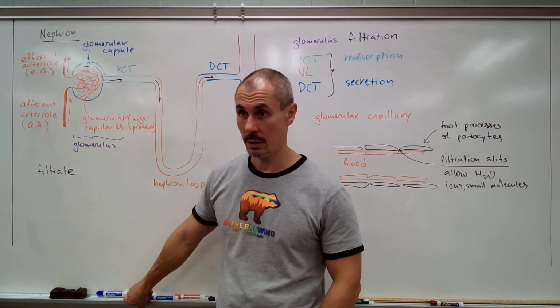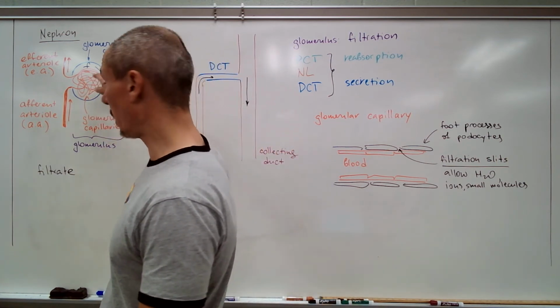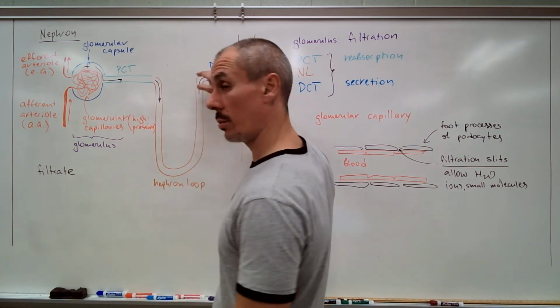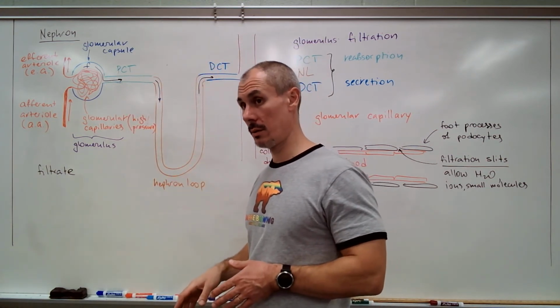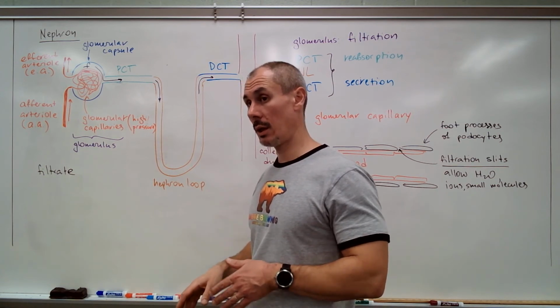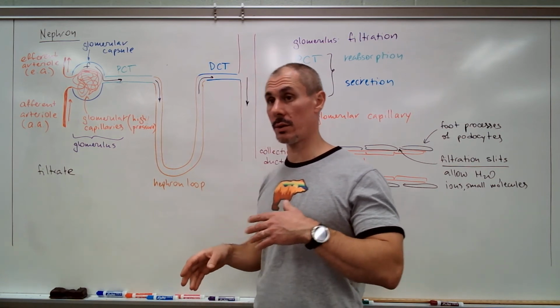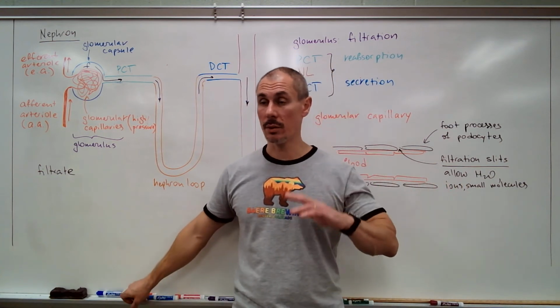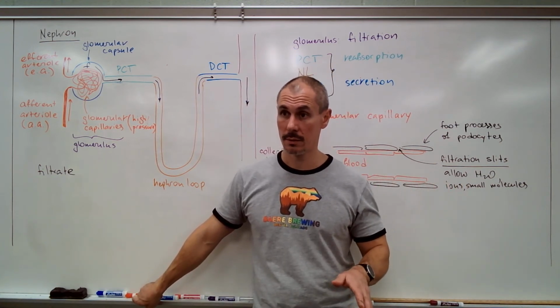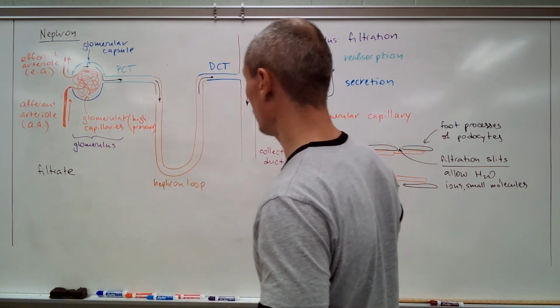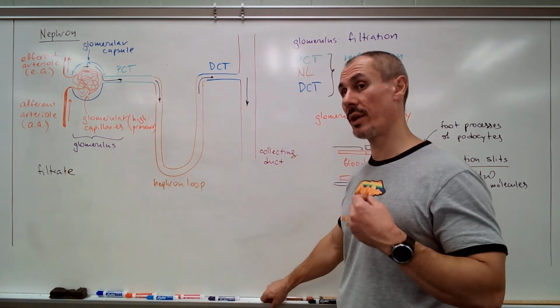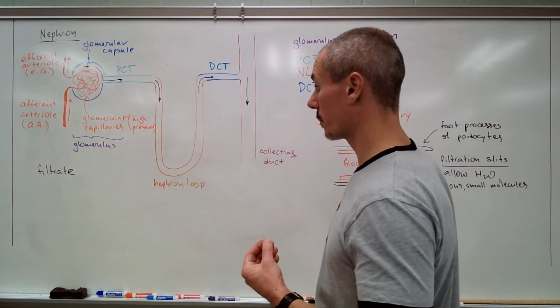Are you following me? And as filtrate passes through the tubular system, it gets more and more concentrated. And the volume of the filtrate is reduced from 180 to about 2 liters of urine a day. We clear? Now, this process of concentration is referred to as reabsorption. Okay?